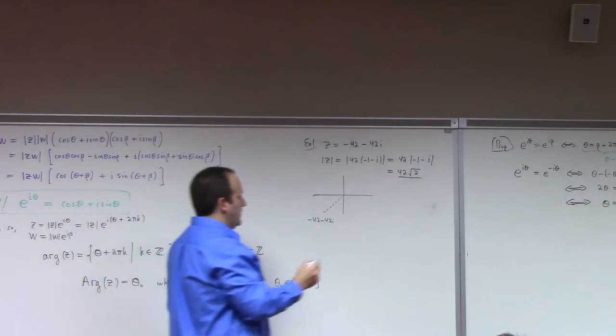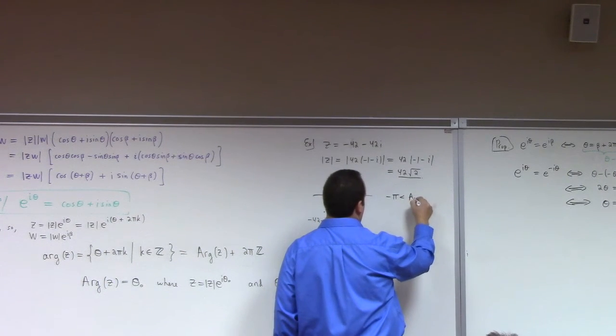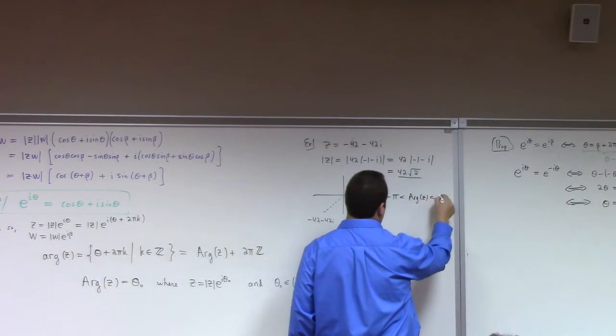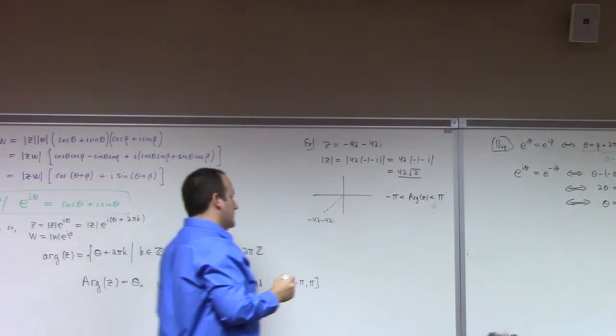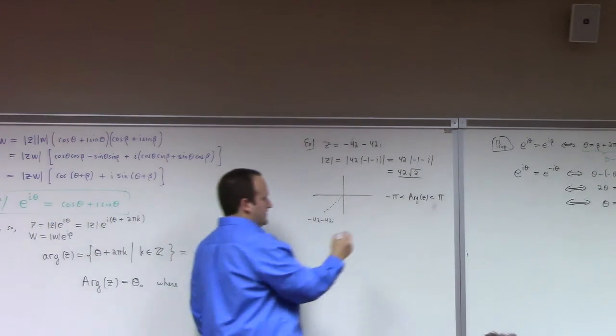So remember, minus pi, arg, pi, it's somewhere in there. And which one do we include? Less than or equal to pi.